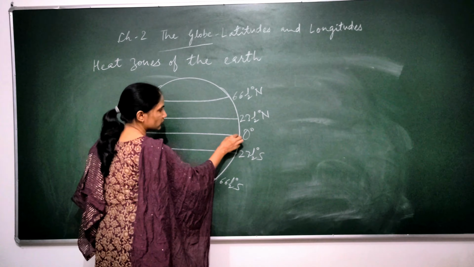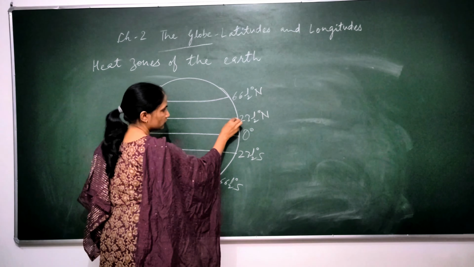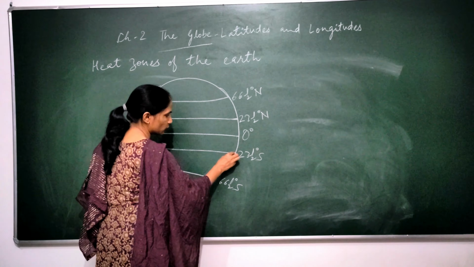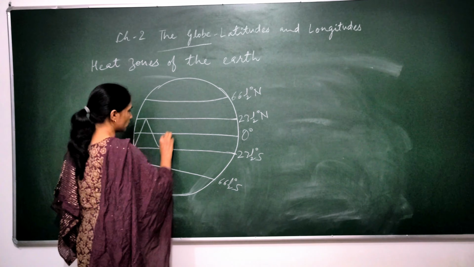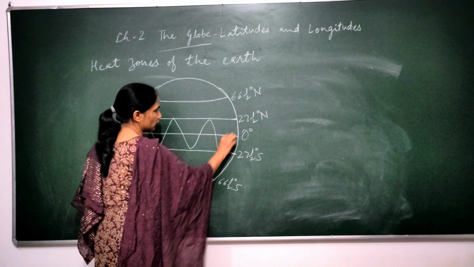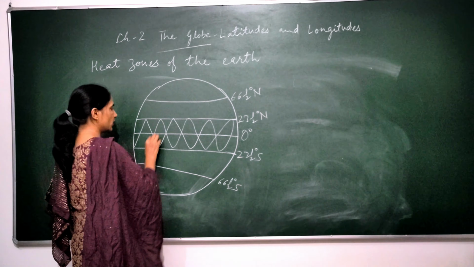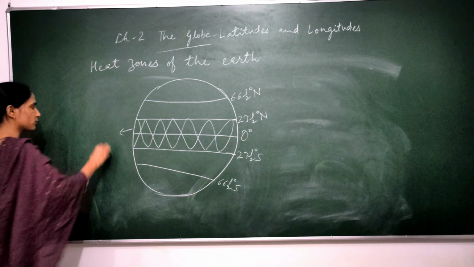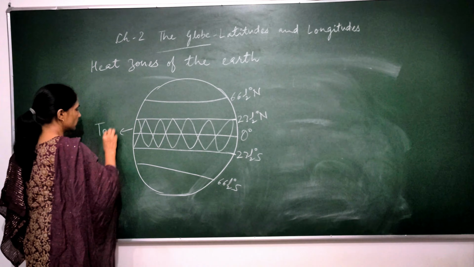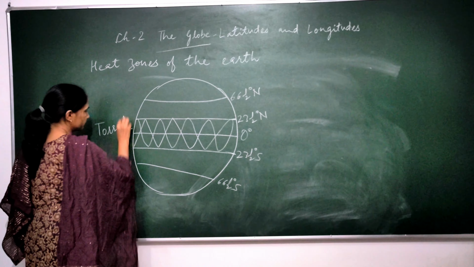So above the equator at 23.5 degrees north and below the equator till 23.5 degrees south, this region from the Tropic of Cancer to the Tropic of Capricorn is called the torrid zone.